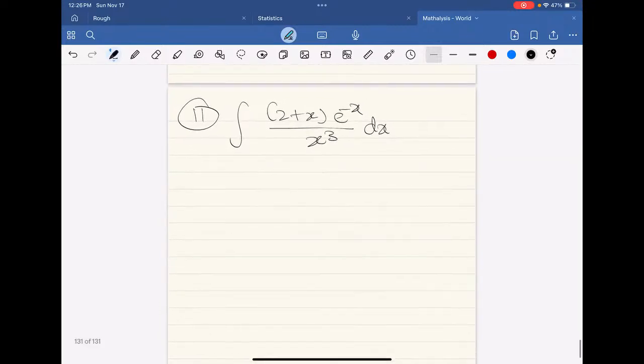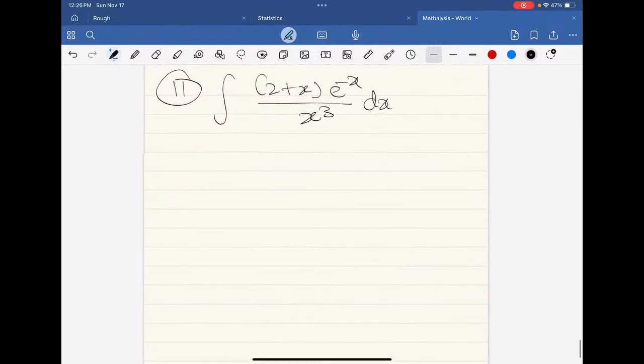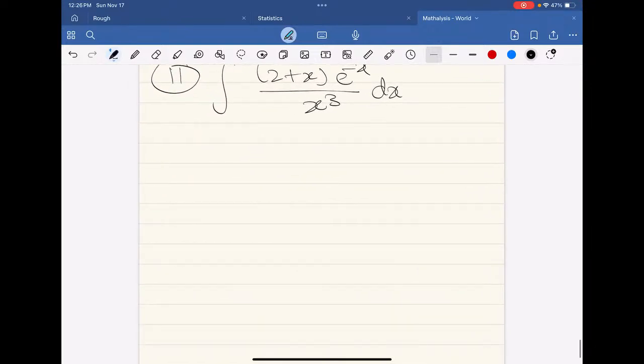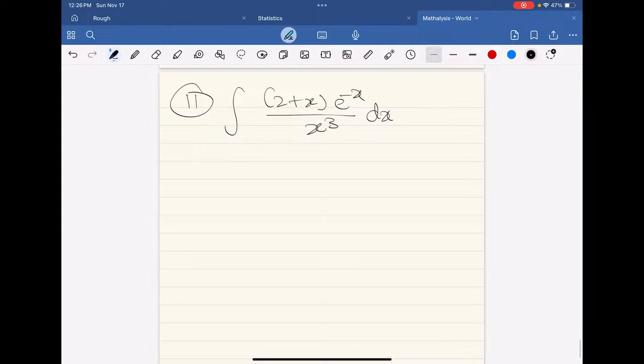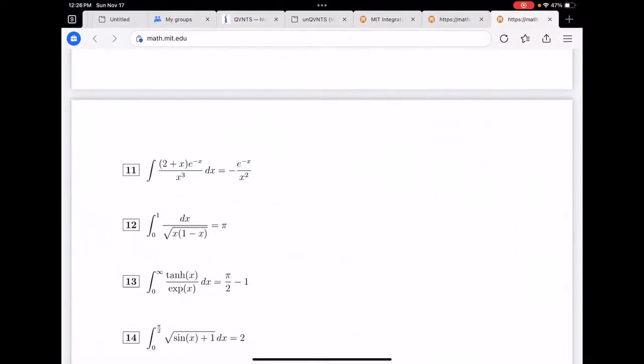Can you guys suggest me the solution? Is there no limits in integration?